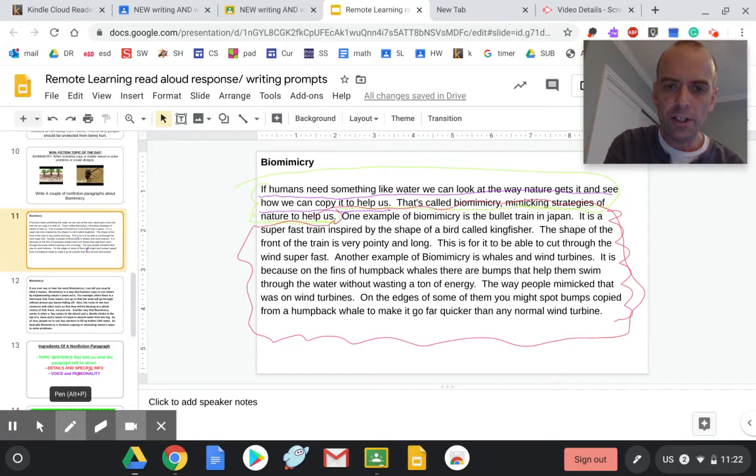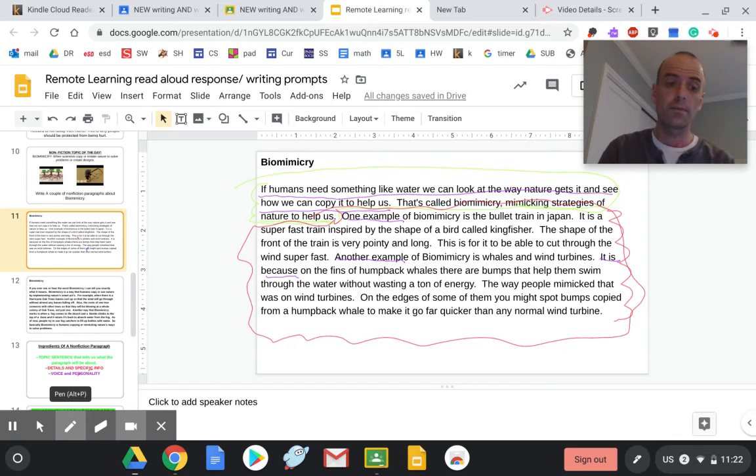Anytime you use transitional words, you're helping me out. You're talking to me. Another example. I love it. One example. Where else is their voice? It is because, again, I feel like they're talking to me.